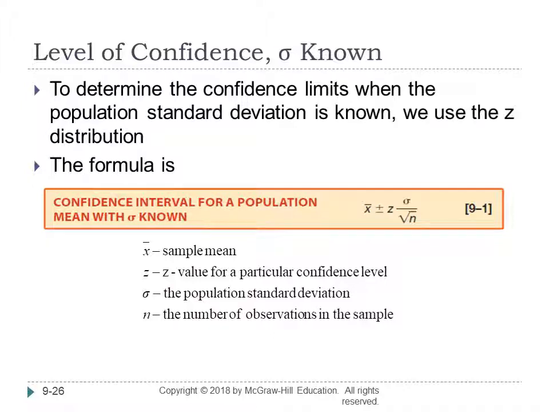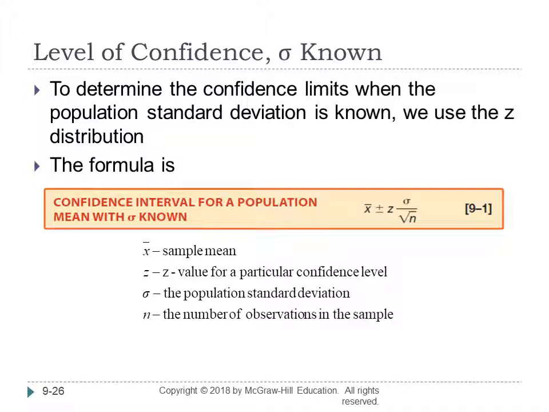Here is a formula that gives me the confidence interval for a population mean with sigma known. The interval for x bar starts with x bar minus or plus z times sigma divided by the square root of n.